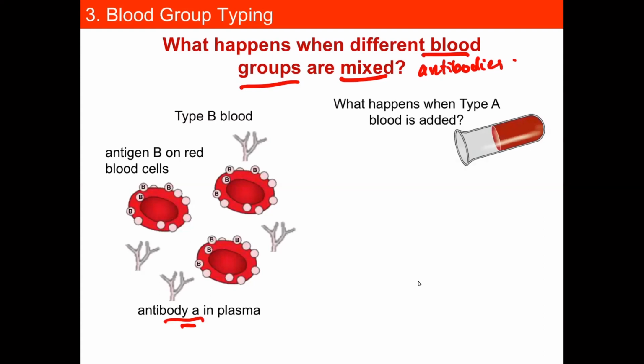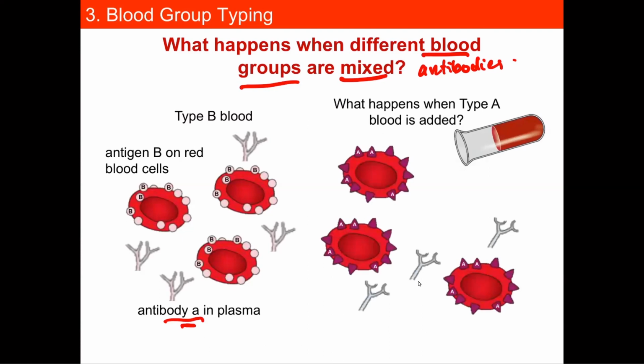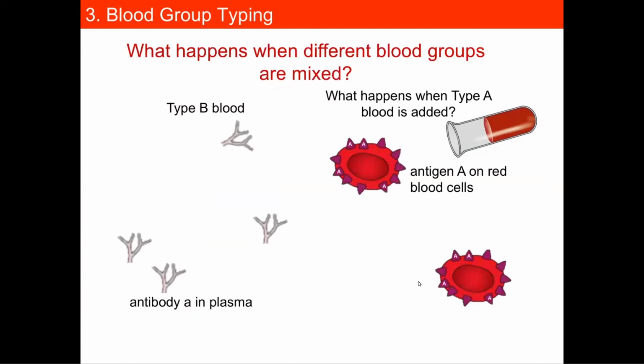Now, what happens when we get type A blood that is being added? Remember that type A blood has antigen A and antibody B. Now, let's take away the red blood cells for the type B first.